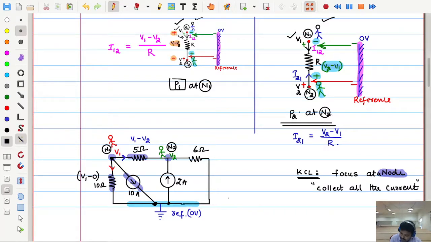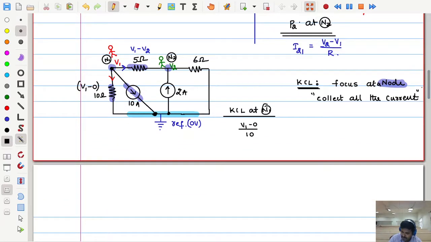Now can I write the KCL at N1 in this way? Leaving currents usually I will take positive. So here all currents are leaving, so no issue. Let me say V1 minus 0 by 10 plus this 10 amperes is leaving.